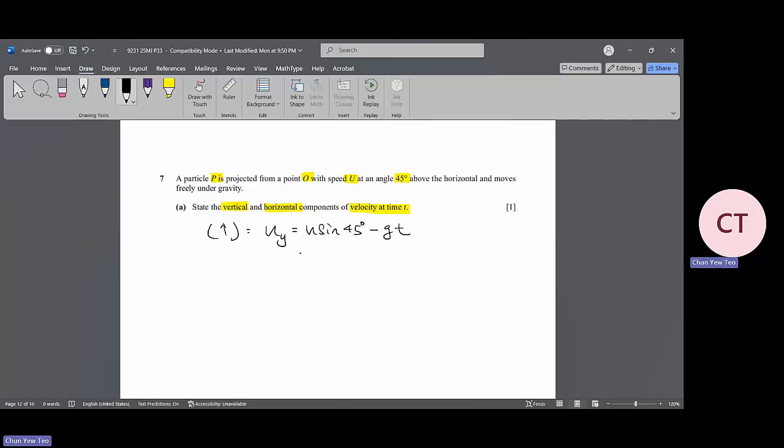We can make it become root 2 over 2 u minus gt. Then for the horizontal component, ux is actually u cos 45 degrees, so it will be root 2 over 2 u. That is your ux. Okay, done for part A.